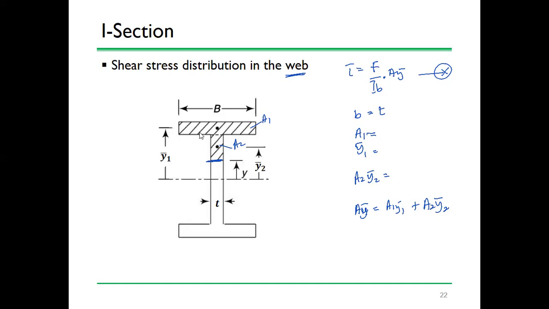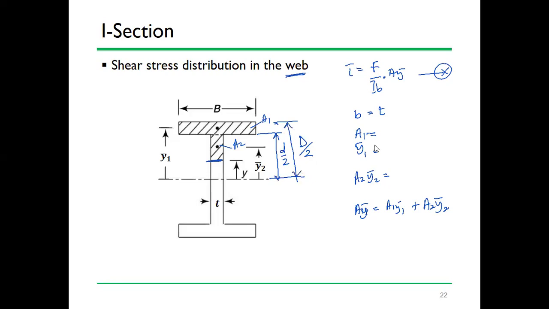Okay. So let's see if we'll be able to deal with this. For this I section, as we know, from the top here all the way to the middle here is capital D over 2. From the edge here to the neutral axis, this is small d over 2. Okay.